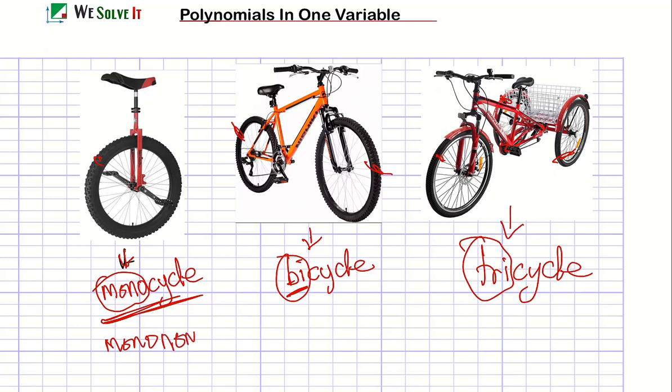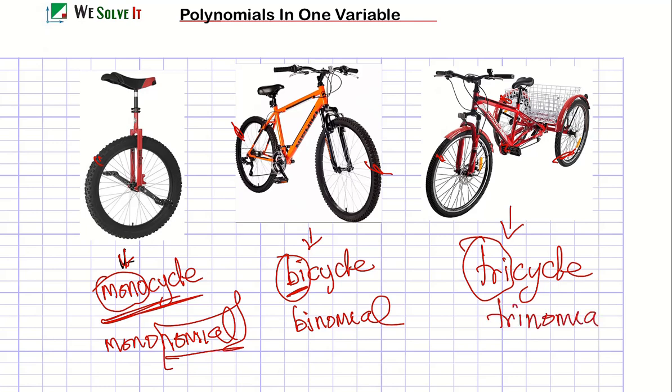monomial. Okay, see that? Nomial. And then we're gonna have binomial. Binomial, okay? I hope I'm spelling it right. We're gonna have trinomial. We're gonna have all that.